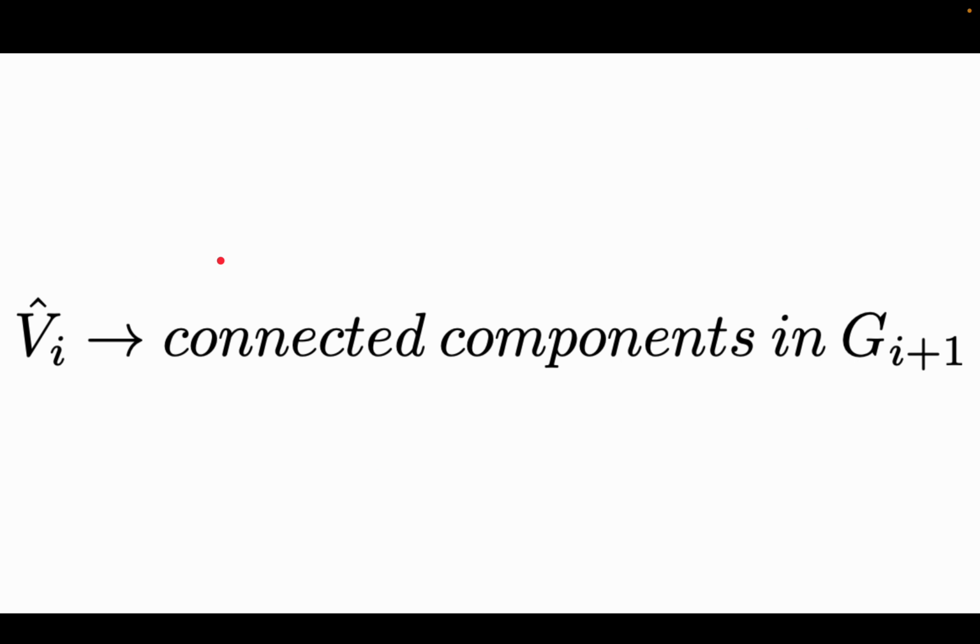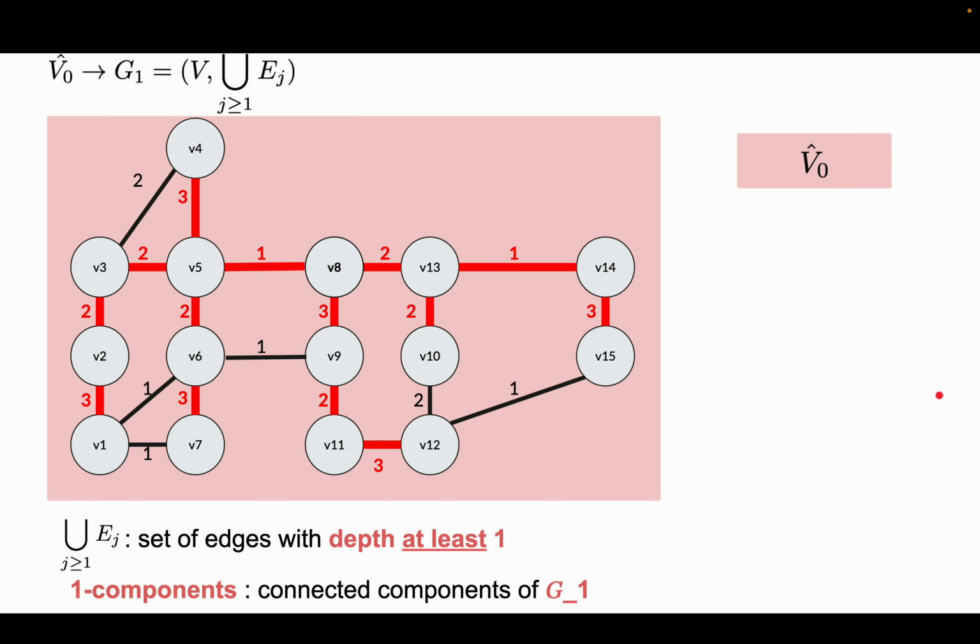Then we define V_i hat as the connected component in G_{i+1}. Okay, so first we review the definition. What is G1? G1 means all the vertices plus the edges that have at least depth of 1.